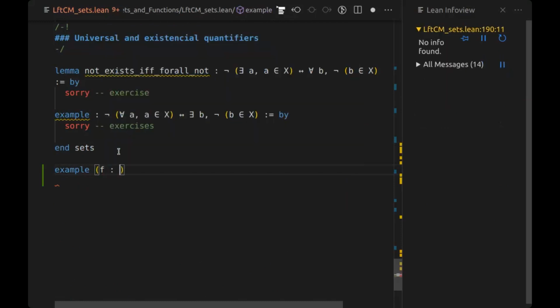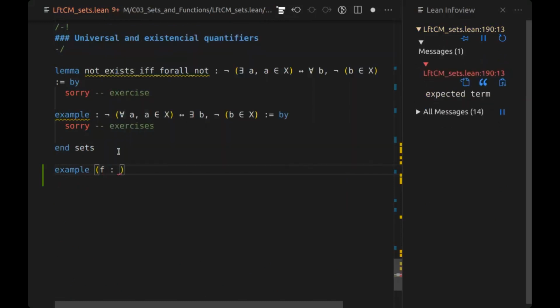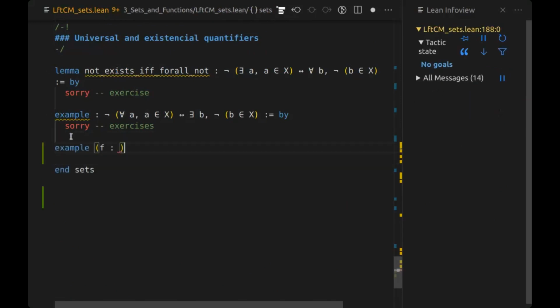You can pass the argument, for example, a function from A to B, and then you want to output another function, let's also say from A to B, because I don't remember which variables I have open.